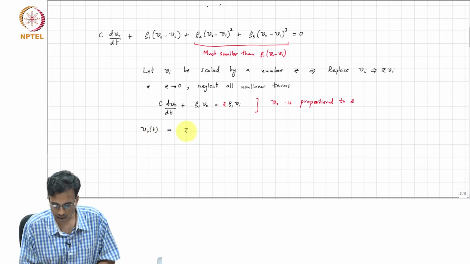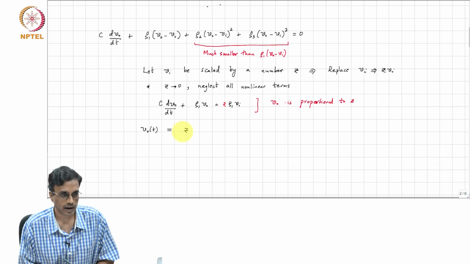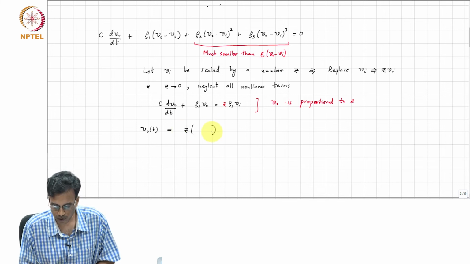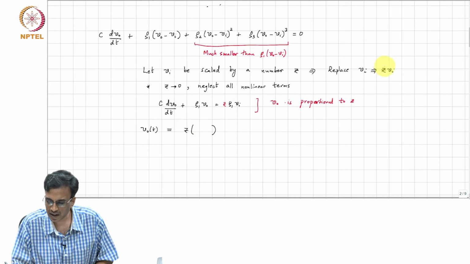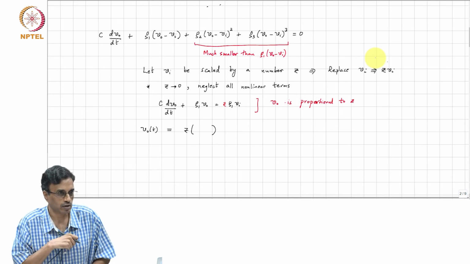consist of a linear term, something which is proportional to simply Vi. That is constant; the only thing I am changing is Z, and that is the proportionality constant.